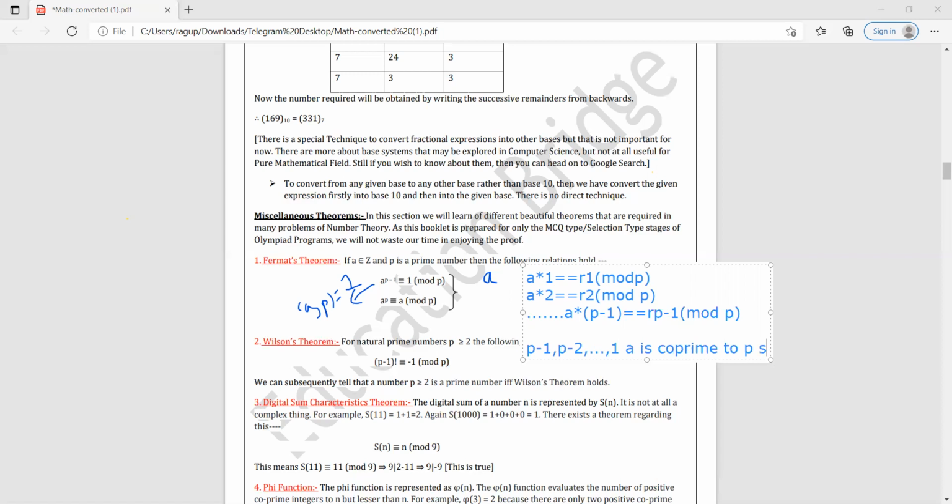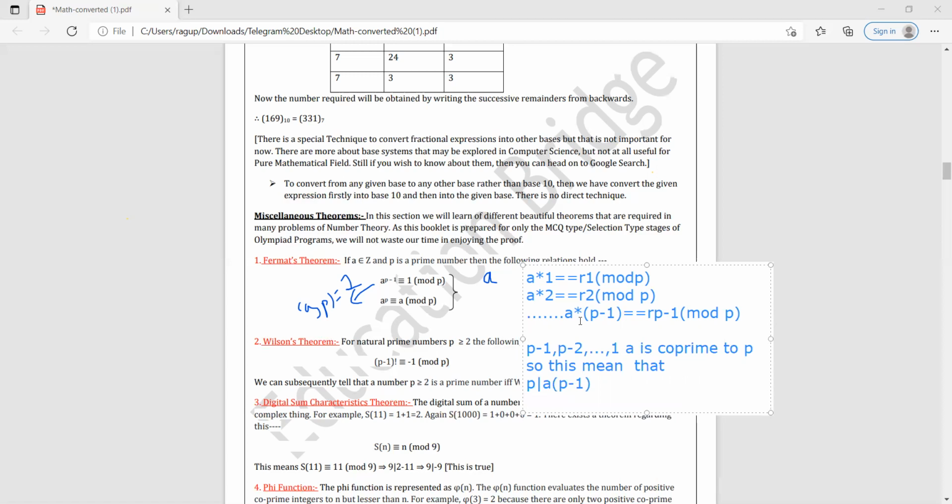So this means that our remainder cannot be divisible by p, because if it is divisible by p, so if it is 0, then it would mean that p divides a into p minus 1, or p minus 2 and any other.